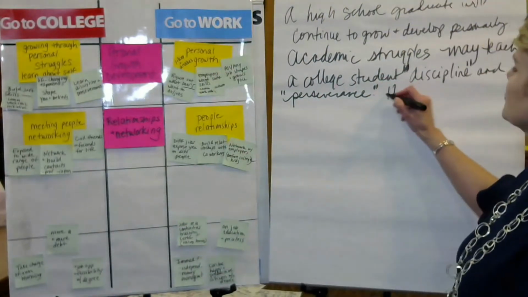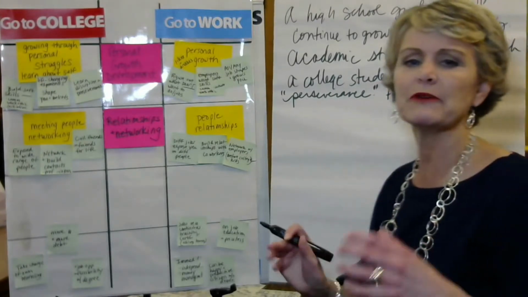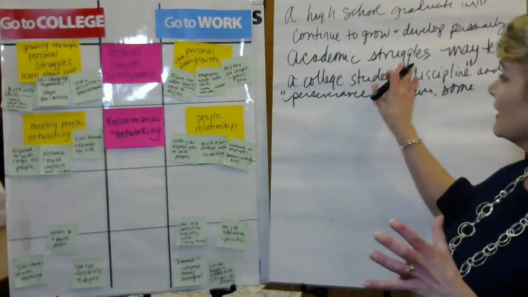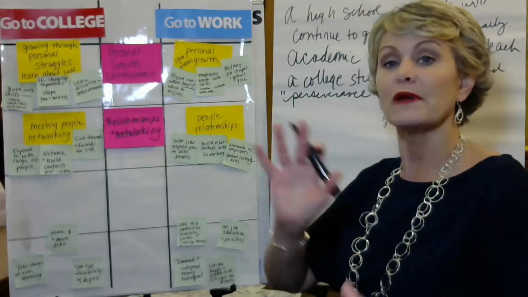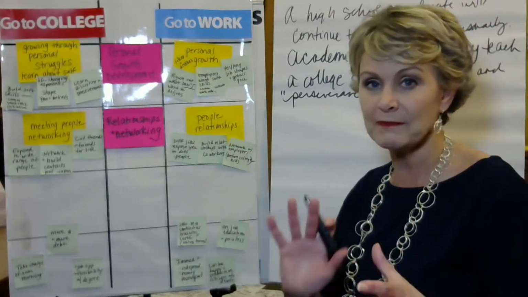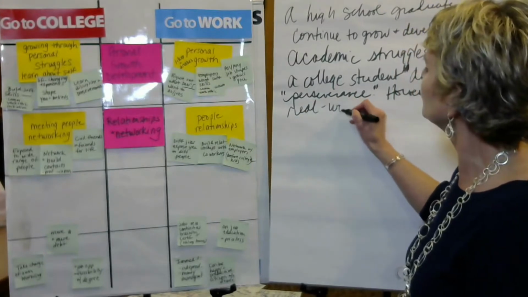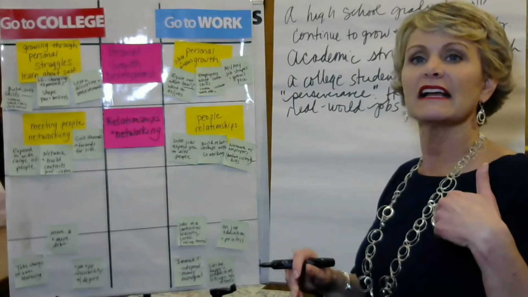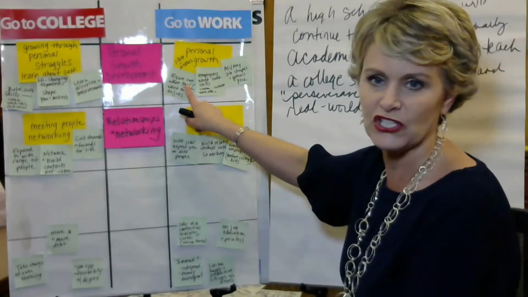So maybe I go to however, and remember, we are talking about jobs now. So you were on college, now you're talking about work, jobs. And so you want to remind the reader who we're talking about next. However, some real world jobs clarify what a young person doesn't want to do.